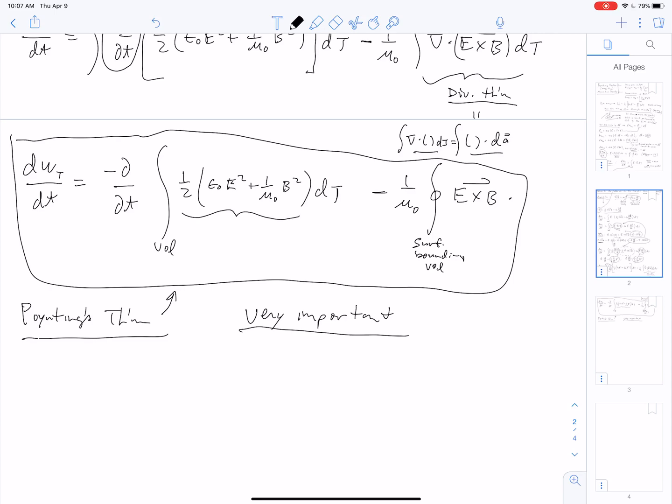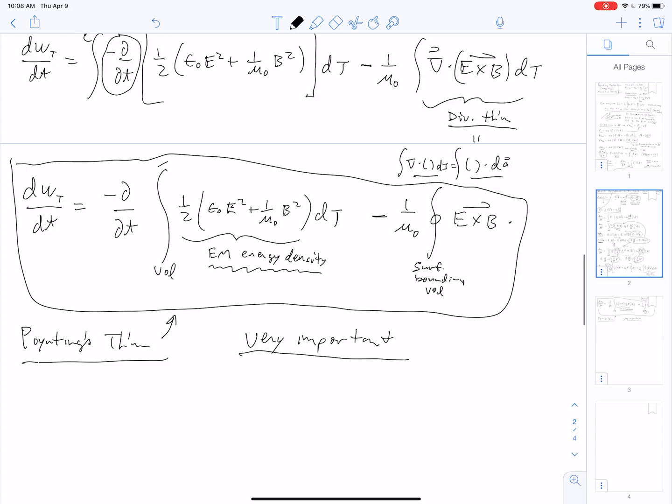That expression is the electromagnetic energy density, which I mentioned at the very beginning of this lecture. If I have an electromagnetic field, then the energy per volume is this expression. It goes as E squared plus B squared. So this integral over the volume is the electromagnetic field energy, the energy in the electromagnetic field in that volume.